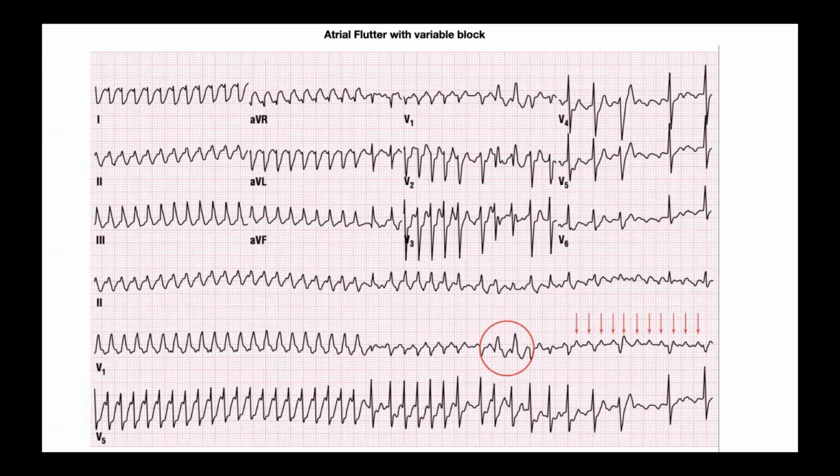Slightly widish, like it's not as wide as here. One of them is apparently conducted. BBB usually changes even the isoelectric line from negative to positive. So this is usual with the isoelectric line. And here we don't have isoelectric line. There is no clear isoelectric line.